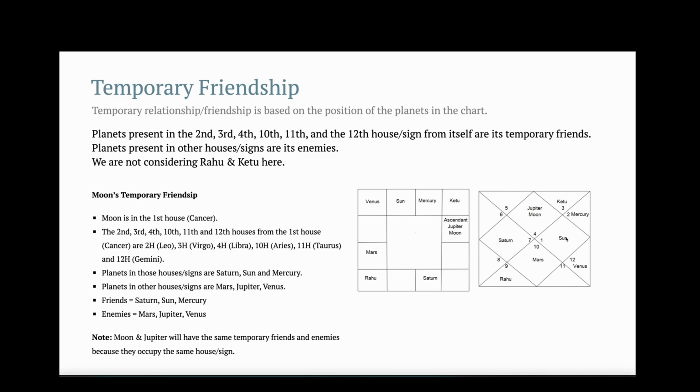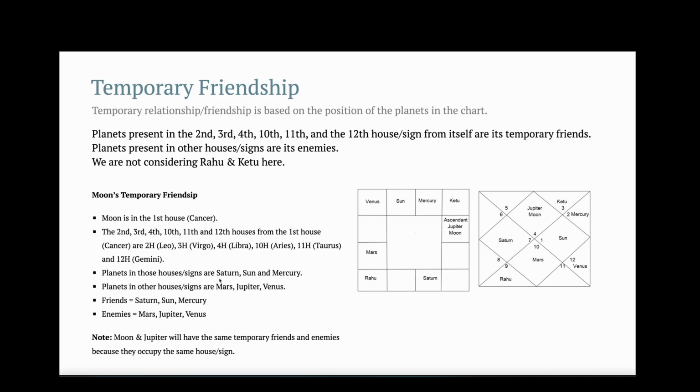In the 10th house from the Moon, the Sun is also its friend. In the 11th house, Mercury is its friend. And in the 12th house, Ketu, but we are not considering Ketu and Rahu. So based on this chart, the temporary friends of Moon are Saturn, Sun and Mercury.